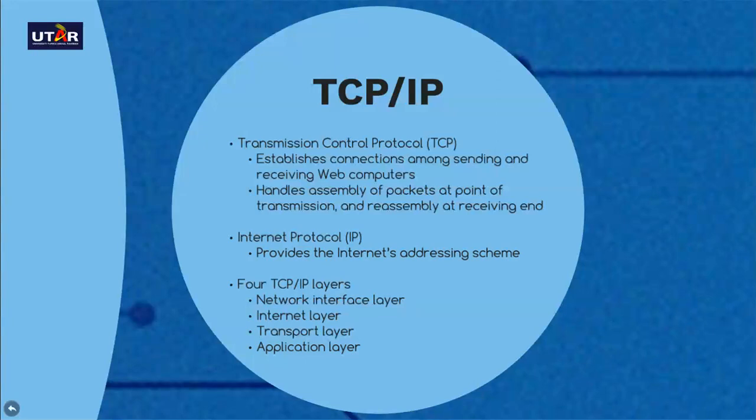It also handles the assembly of packets at the point of transmission and the reassembly at the receiving end. IP, named Internet Protocol, provides the internet addressing scheme. There are 4 layers inside TCP/IP. The first layer is the network interface layer, second is the internet layer, third is the transport layer, and lastly is the application layer.